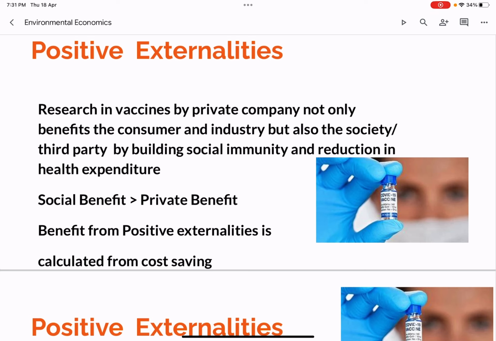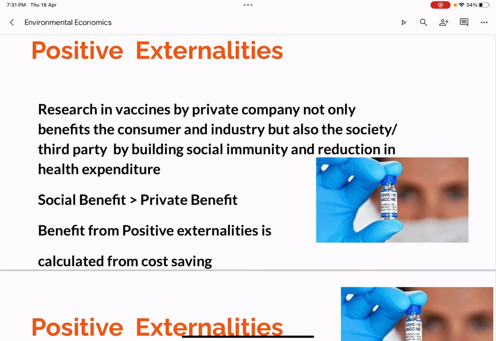Similarly, if those 100 vaccines reach the consumers, and a 101st consumer has to receive that vaccine, then that is an additional private cost to that consumer if he has to purchase it, right?